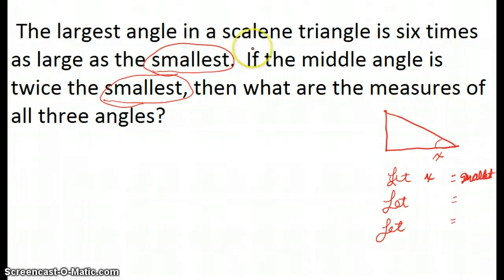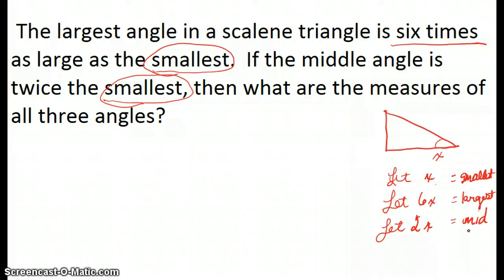The largest angle is 6 times the smallest, so 6 times this small angle is going to be 6x, the largest. And then the middle angle is going to be twice, so 2x equals mid. Now, you don't have to write out the middle angle. This is not to torture you. This is really so that you can identify, when you get an answer, what unknowns you're looking for.